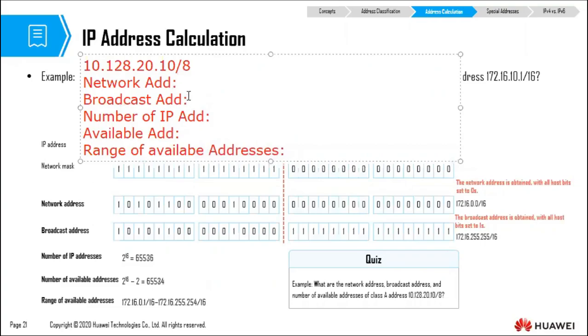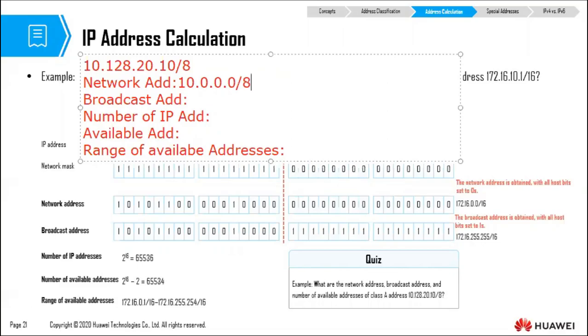As I've said, to get the network address, you can do the logical AND. But the simplest way is to change all the host bits to zeros. If you do that, here you get 10.0.0.0/8.